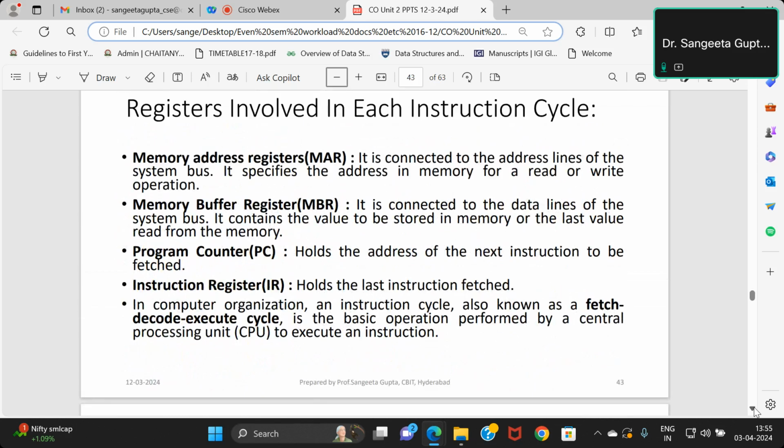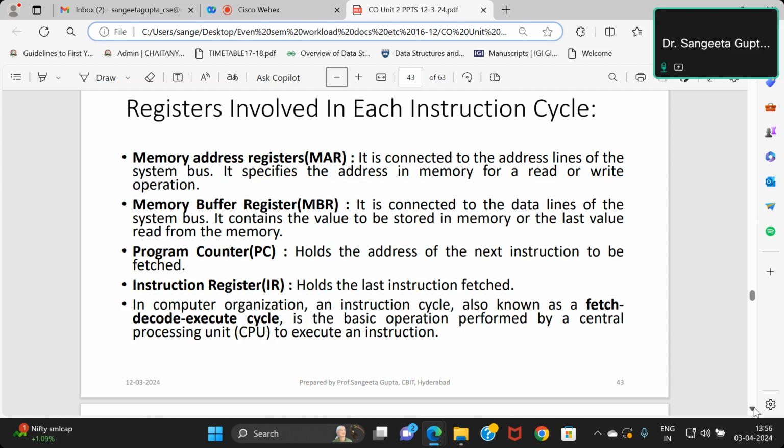Whenever we work with the instruction cycle, there is a familiar set of registers out of all the available general purpose and special purpose registers. The prominently used registers here are, first, the memory address register. This memory address register is connected to the address lines of the system bus, and the address of the memory word which has to be read or written into is specified through this address register.